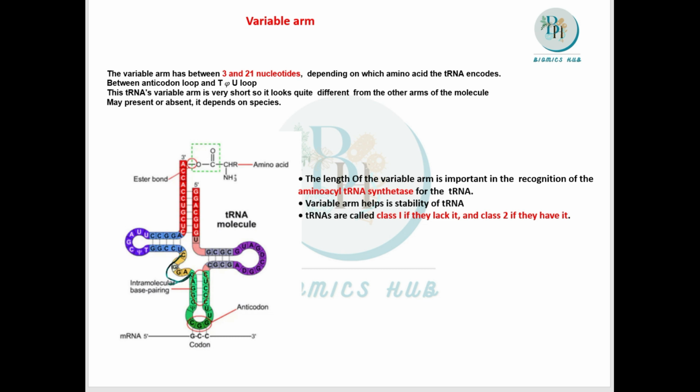This is known as the variable arm. Its size can vary from 3 to 21 bases. What is the work of this variable arm? It recognizes the amino acid tRNA synthetase. If there is a variable arm, then it is known as class 2 type of tRNA. If there is no variable arm, then it is known as class 1 type of tRNA.